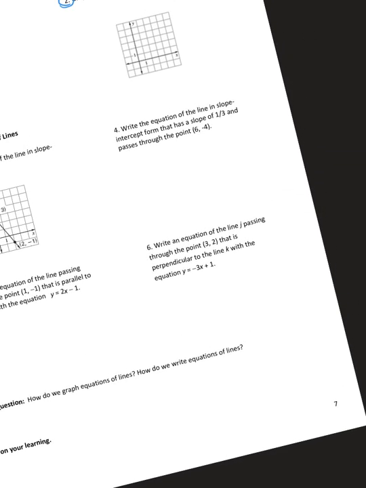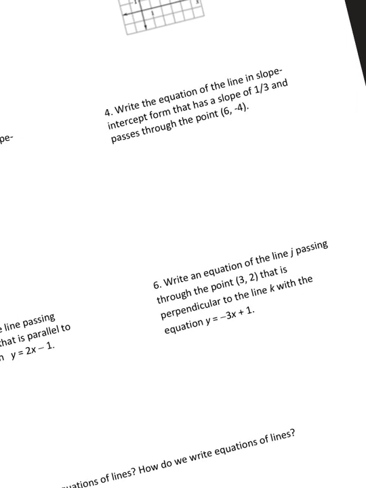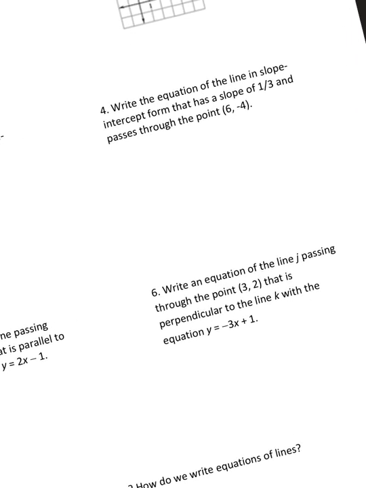Okay, so number 4 says write the equation of a line in slope-intercept form that has a slope of 1/3 and passes through the point (6, -4). So we know that this line has a slope of 1/3 and it passes through the point (6, -4), and we want to write our equation in slope-intercept form, which is y equals mx plus b. So to write this in slope-intercept form, we need a number for m and we need a number for b. Well, we have m here, and we have an x and a y.